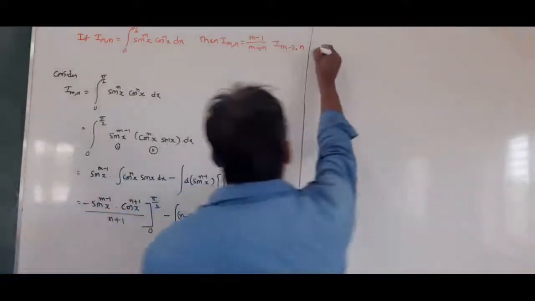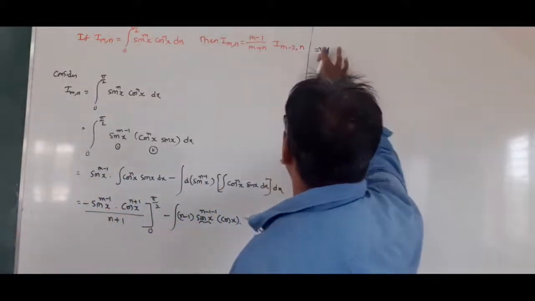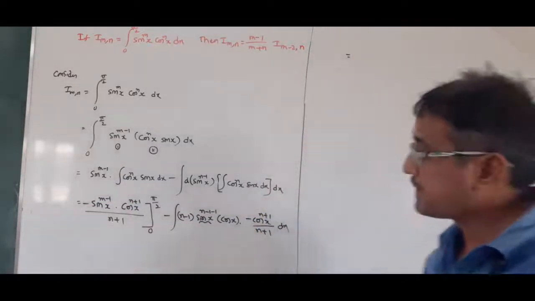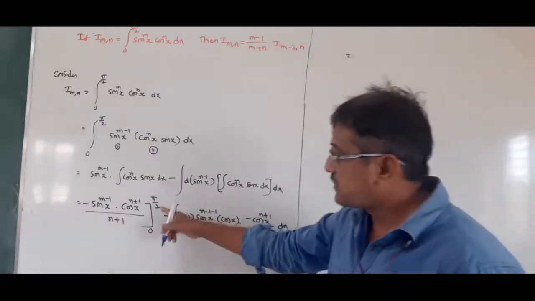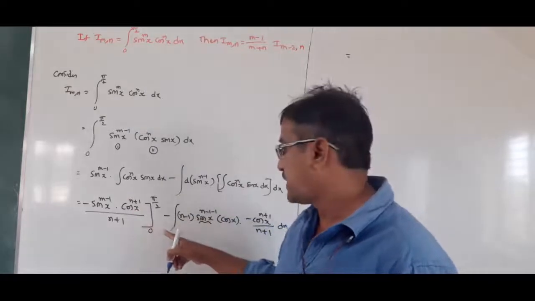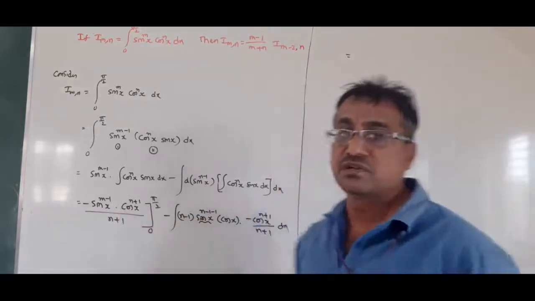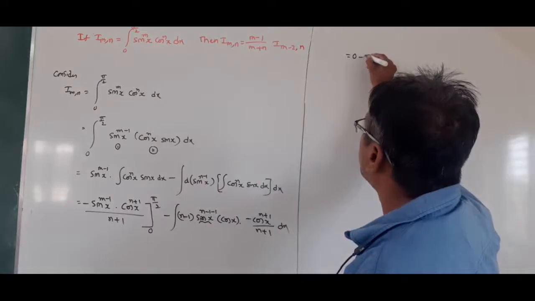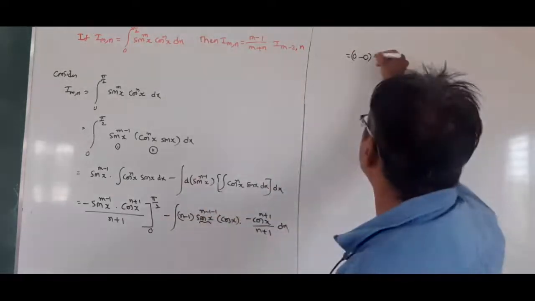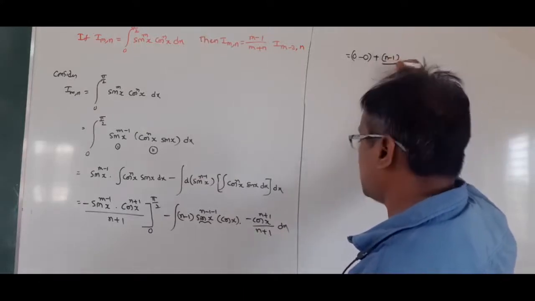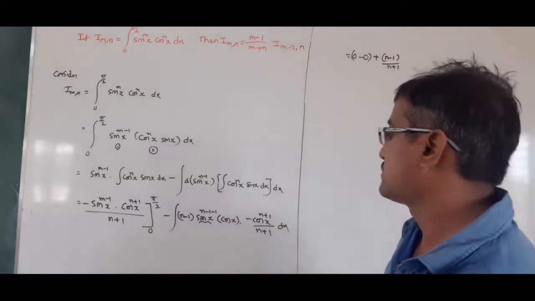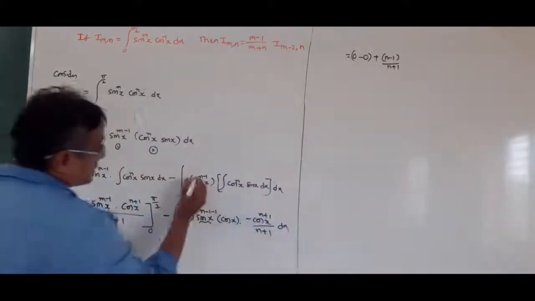So equal to, now you can see if you apply the upper limit, the cos term will be 0. If you apply the lower limit, the sin term will be 0. You will get 0 minus 0. Again minus into minus plus m minus 1 by n plus 1.